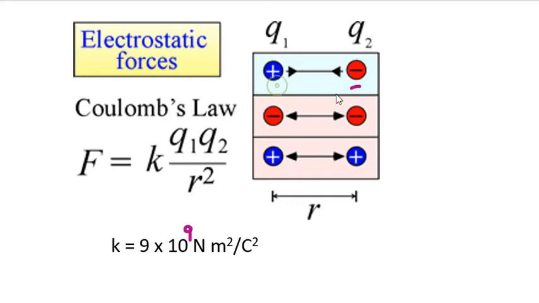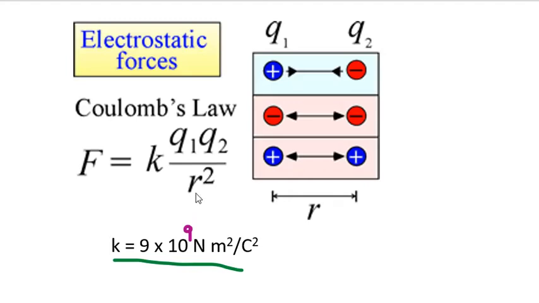And we have an equation for that, which is the electrical force or electrostatic force equals K, which is a constant. Unfortunately, I left the 9 off, but I drew it in later. K is 9 times 10 to the 9 newton meter squared per coulomb squared. So it's K times Q1 times Q2 divided by R squared.